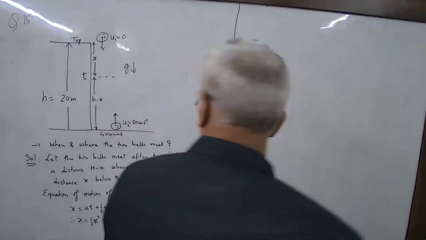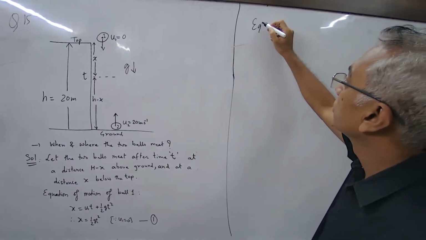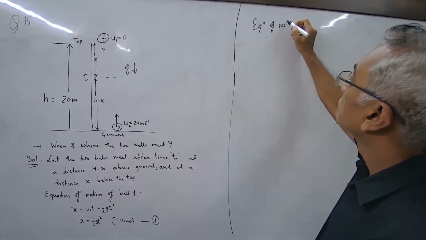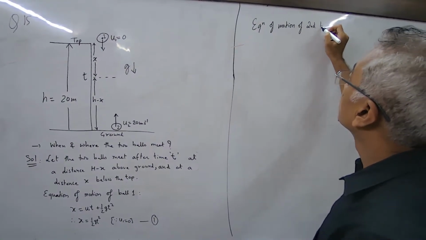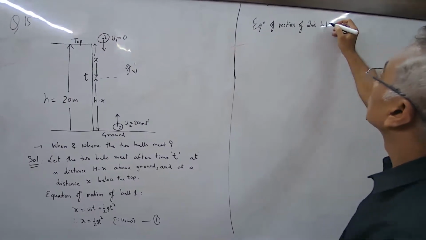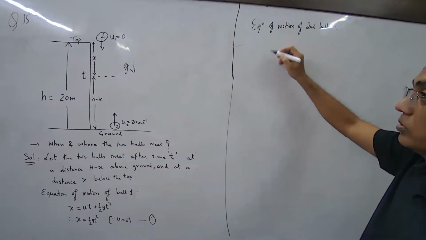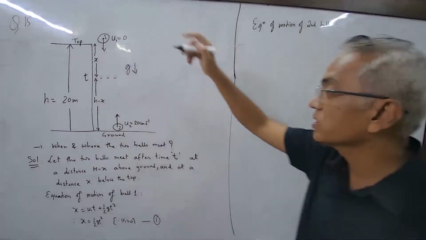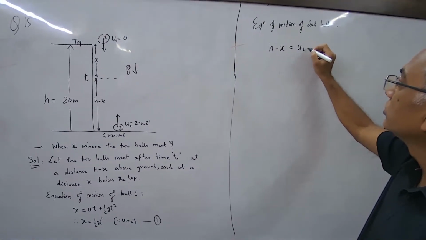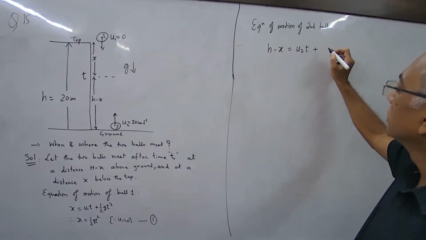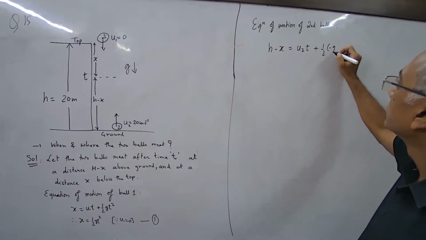Now the second ball. Equation of motion of the second ball. So what is the displacement in this case? h minus x is equal to U2 t, and g will be negative, so plus half minus g t square.